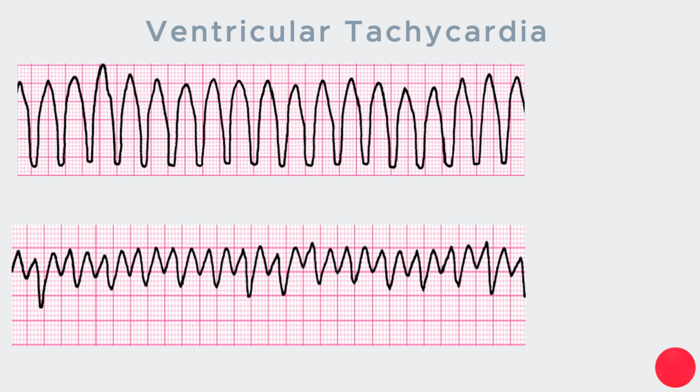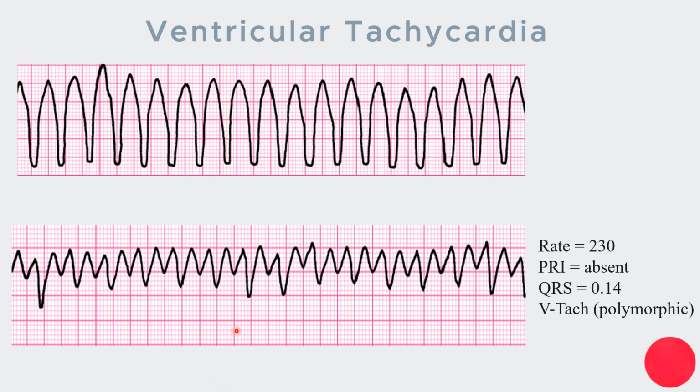Our next example, we have something that looks a little bit different. It is still fast. You can measure your R to R intervals, and it is regular. We do see the rate is 230 on this one, and our QRS is wide and bizarre.